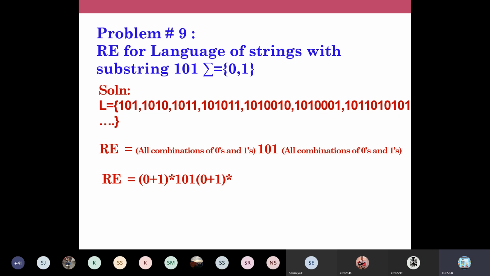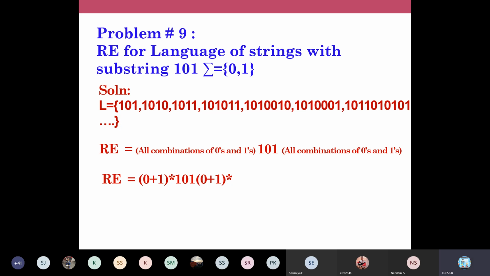So far we have seen beginning with and ending with. In beginning with, you wrote the pattern first and then all combinations. In ending with problems, at the end you write the given pattern, and in the starting part of the string you write all combinations of strings. And in a substring, what shall we do? Just think about it and try to write the language.